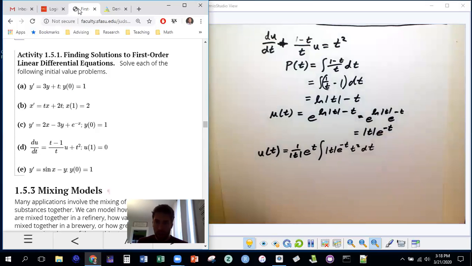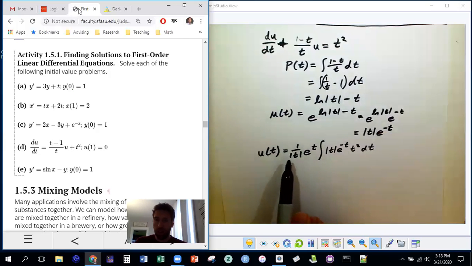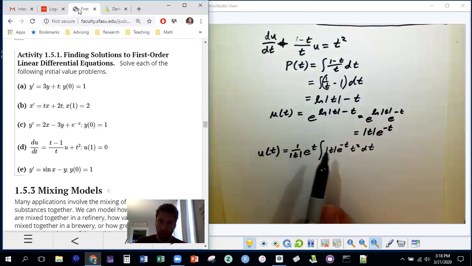Now I've got absolute value in there, and absolute values are no fun. However, the absolute value of this and the absolute value of that are multiplied together. If t is positive, this will be just t, and that will be just t. If t were negative, this would be negative t, and the negatives would cancel out.